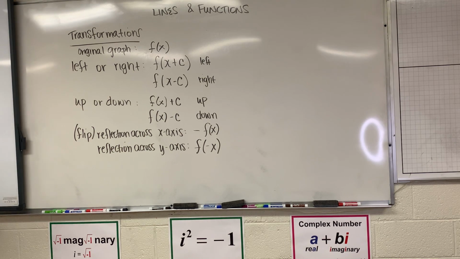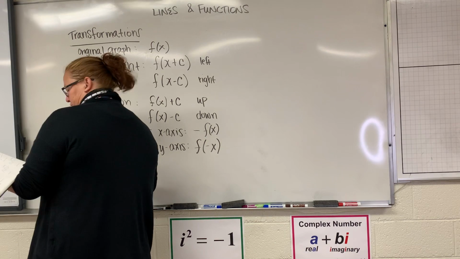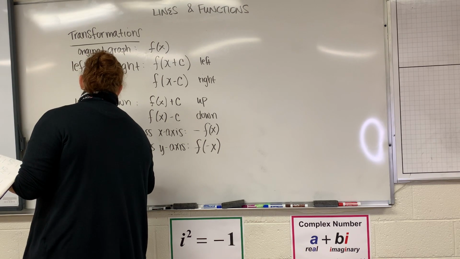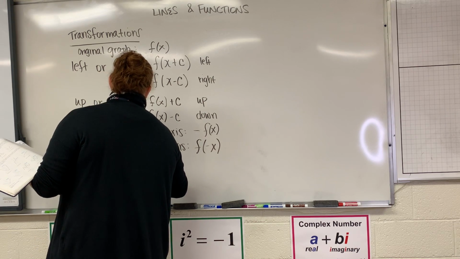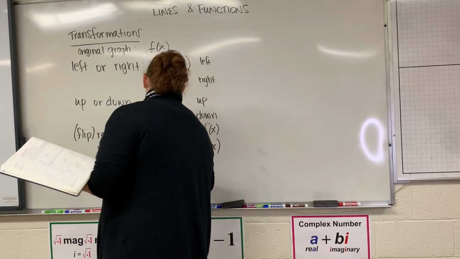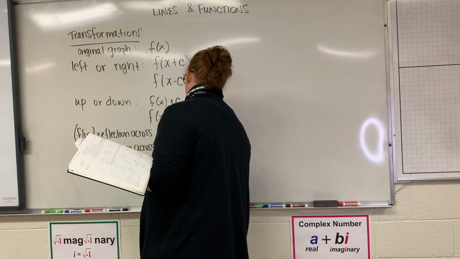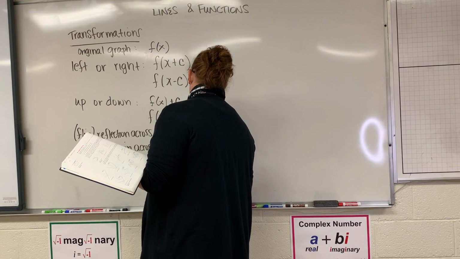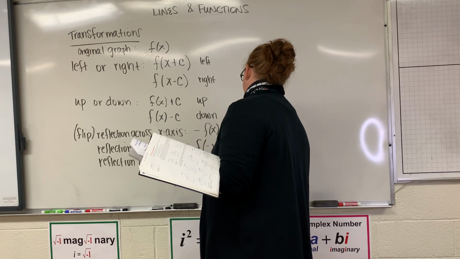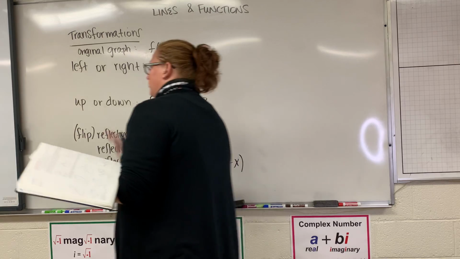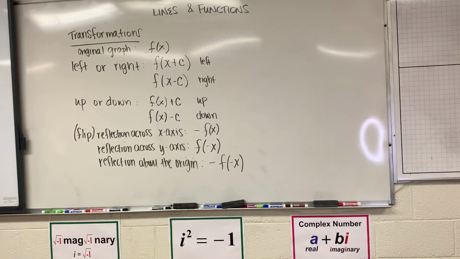y-axis. And then to do it about the origin, I'm sorry, so much vocabulary, but good. At least it's worth something. Is when you do both x and y, it gets the reflection.